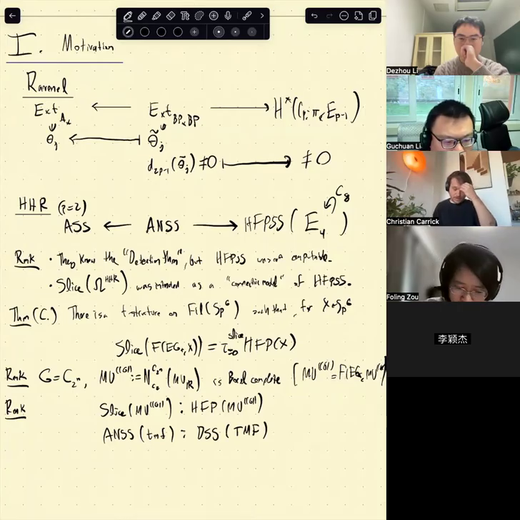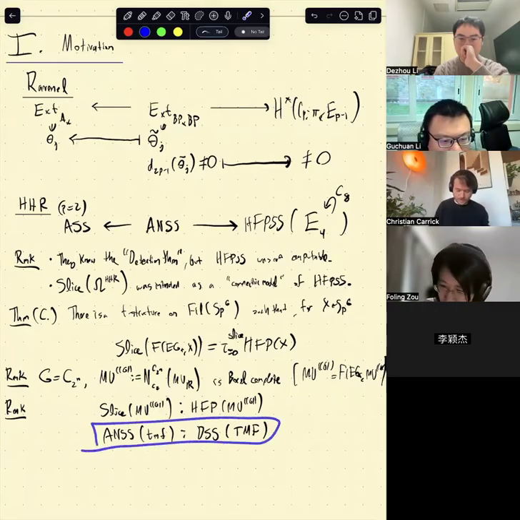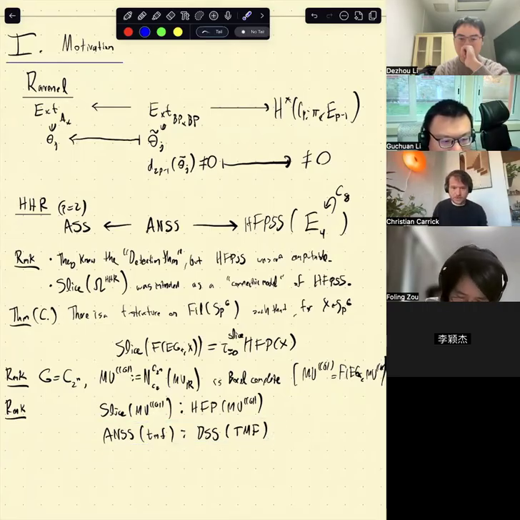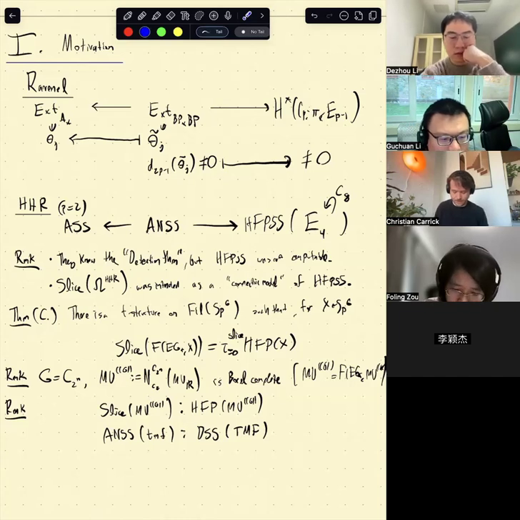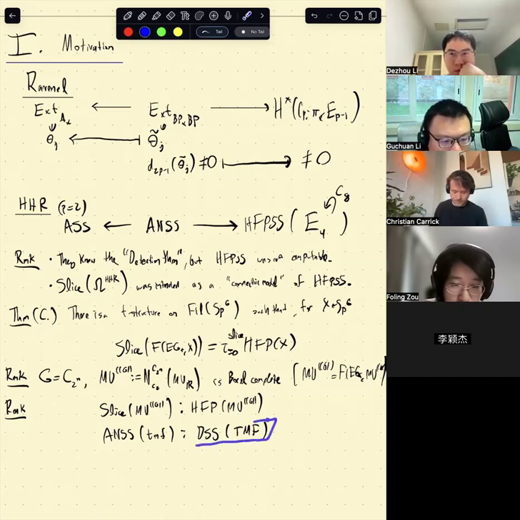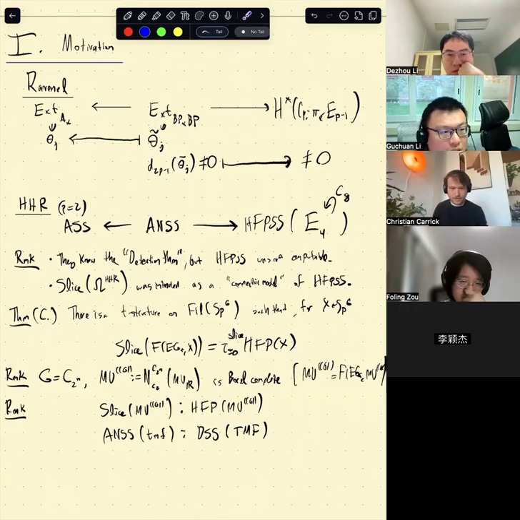So the analogy here in the bottom row comes from the work of Hopkins-Mahowald, who observed that the descent spectral sequence for periodic TMF was a much busier and more complicated spectral sequence than the connective version.